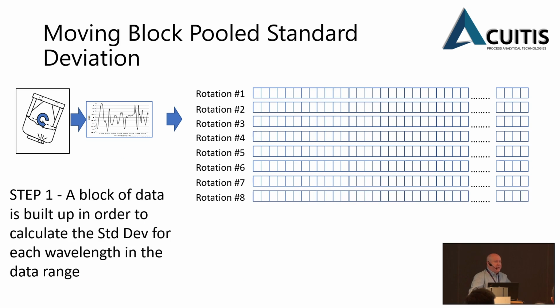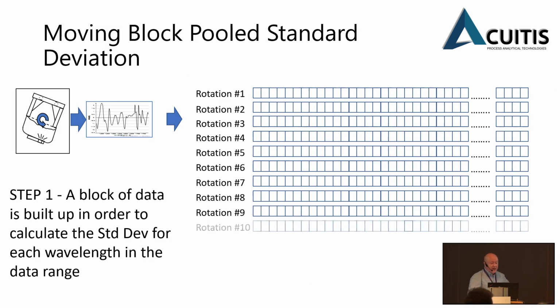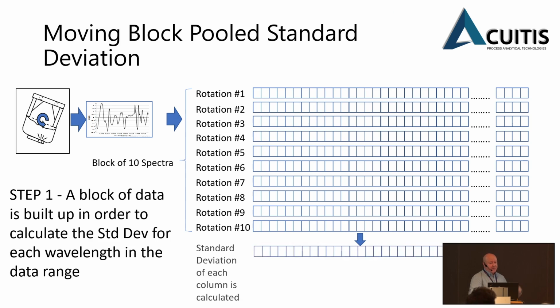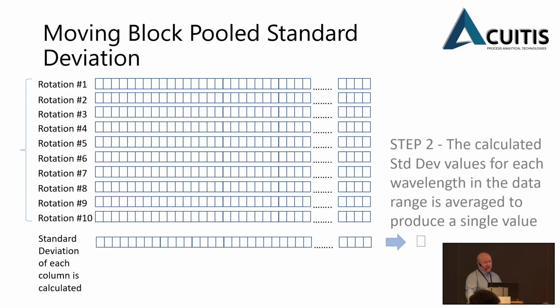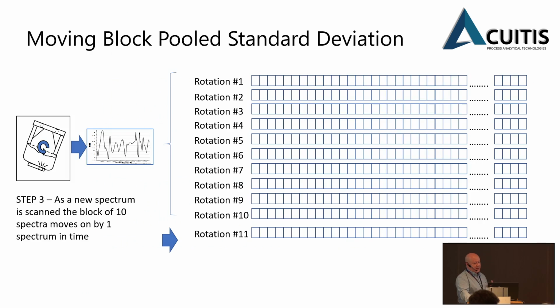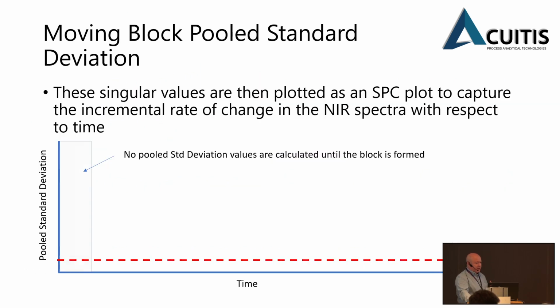And all we're doing is basically calculating the standard deviation of all of the wavelength absorbances and making a pooled version. And then once we reach a block of 10 spectra, we inch along in an inchworm kind of way, and add a spectrum to the block and take a spectrum out of the block. And that allows us to produce a standard deviation plot that looks pretty much like this.